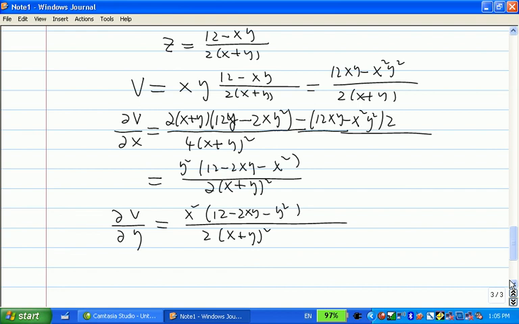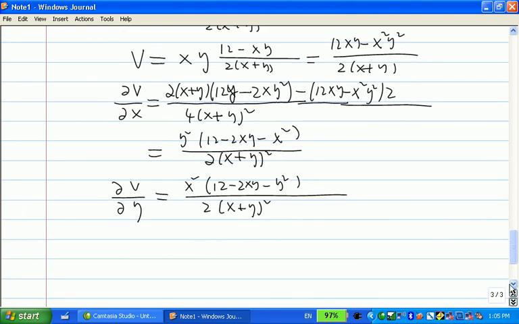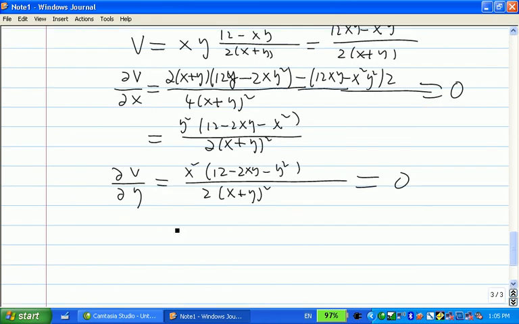So we find the two partial derivatives and set them equal to 0. If x equals 0, this is equal to 0. That's not what we want. If one of the dimensions is 0, you don't have a box. So we can forget about that case.